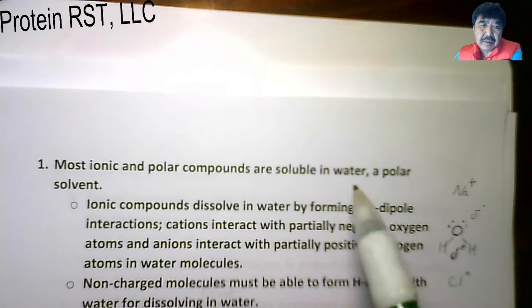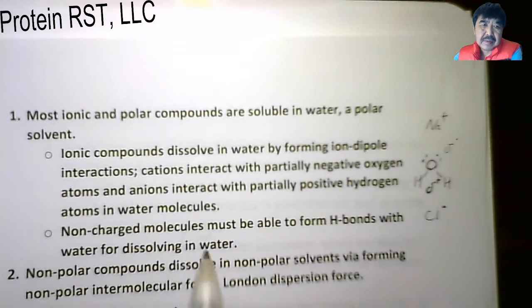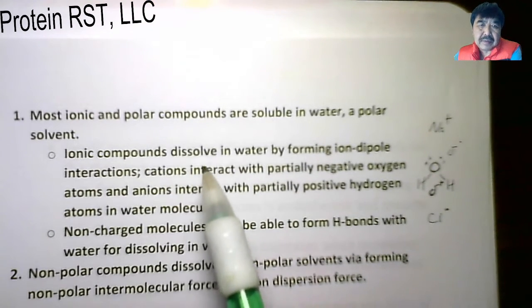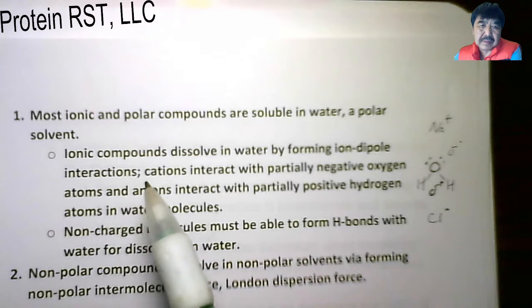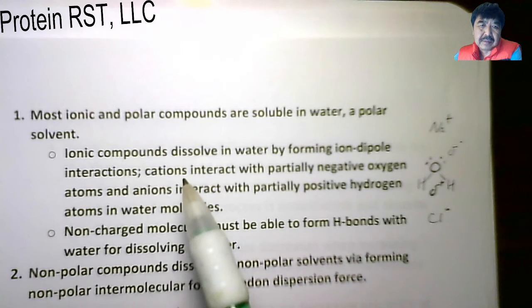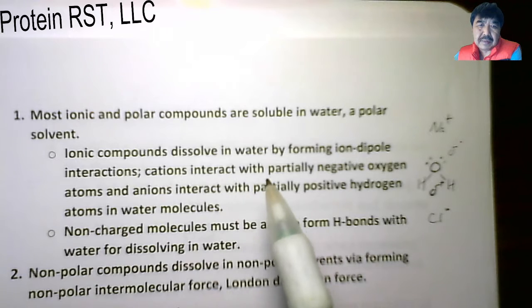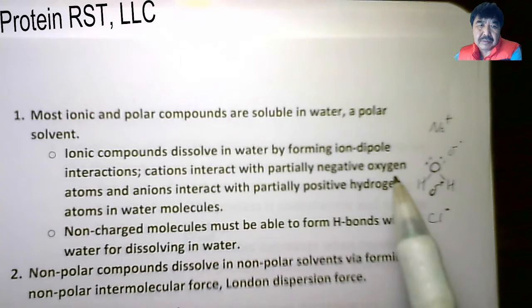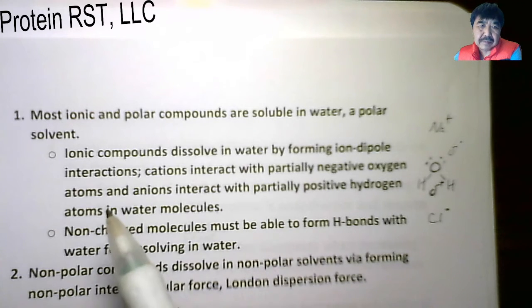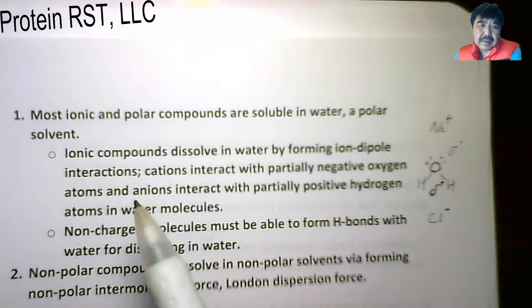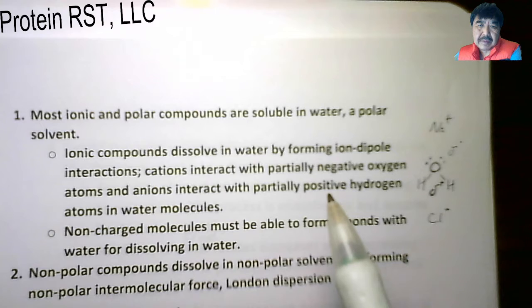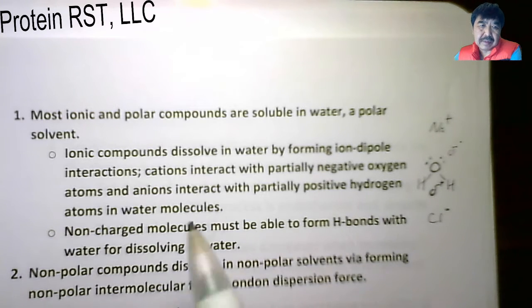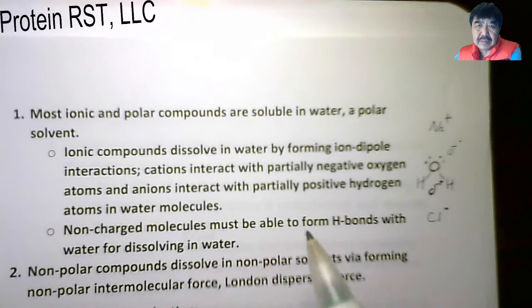Water is a polar solvent. Ionic compounds dissolve in water by forming ion-dipole interactions. Cations interact with the partially negative oxygen atoms, and anions interact with the partially positive hydrogen atoms in water molecules.